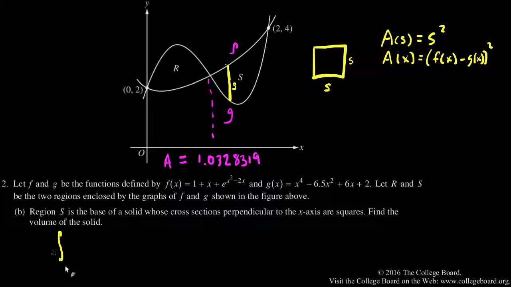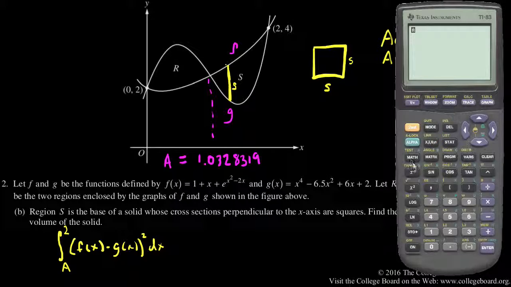That's how I'm determining that in terms of x. So from a, already stored in the calculator, all the way up to 2, of this area function, which happens to be f of x minus g of x squared dx. And I'll go into my calculator.